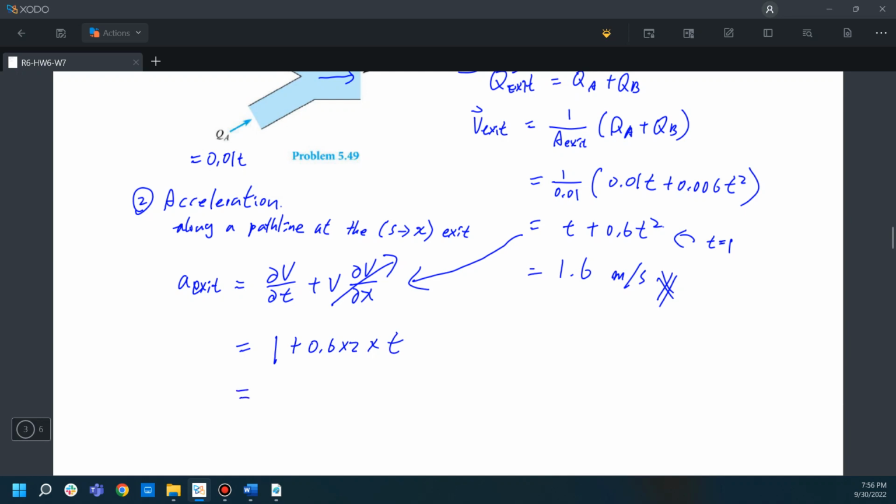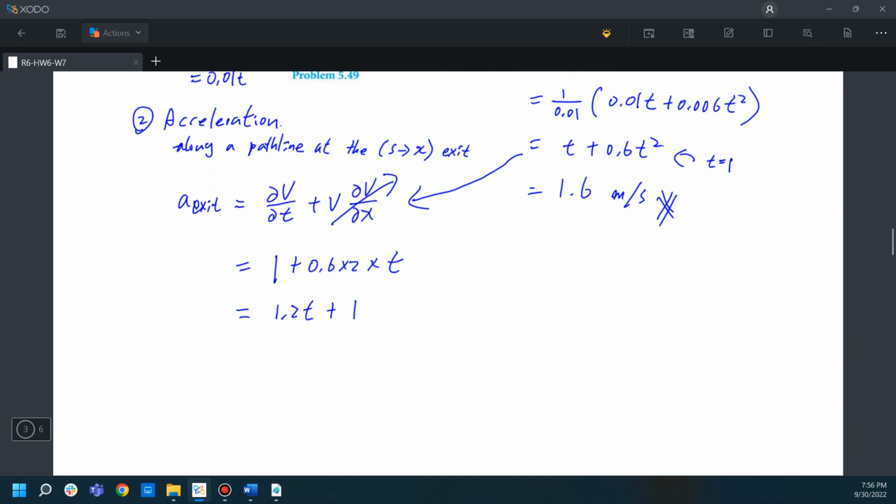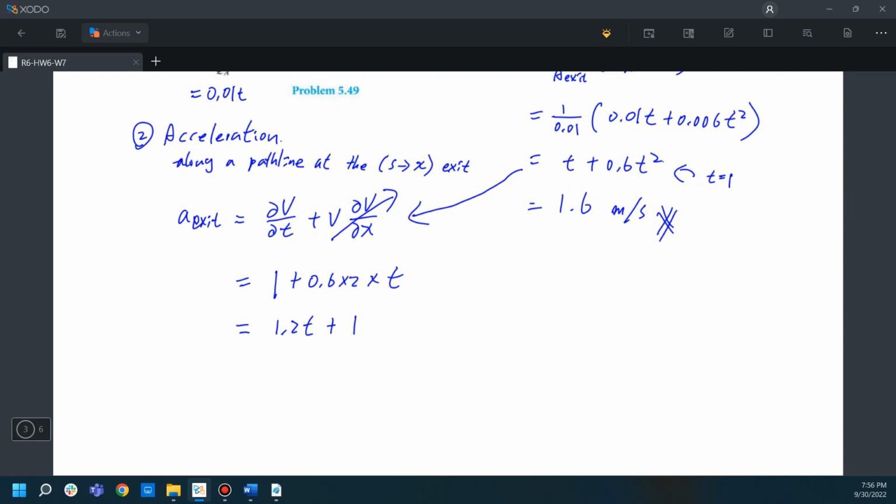Okay, so this is 1.2 t plus 1. And again, we want to solve for t equal to 1, so the result of acceleration at the exit at t equal to 1 is equal to 2.2 meter per square second.